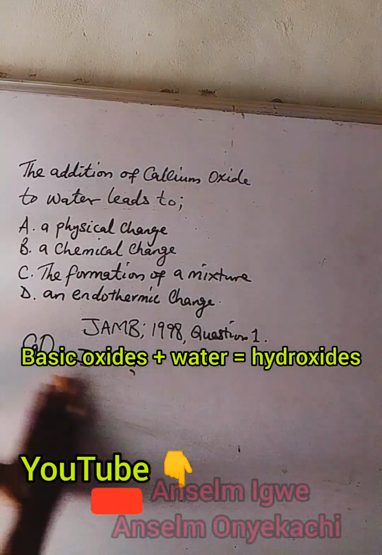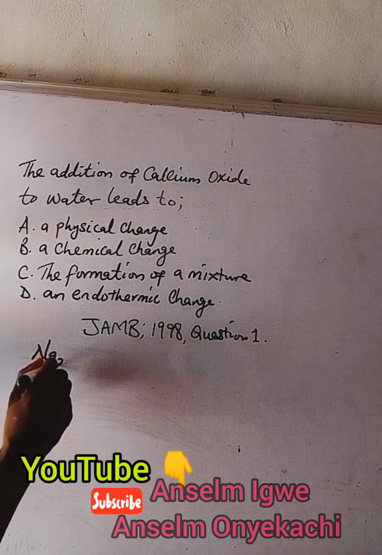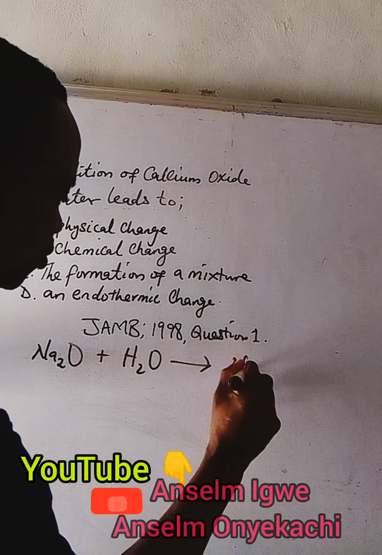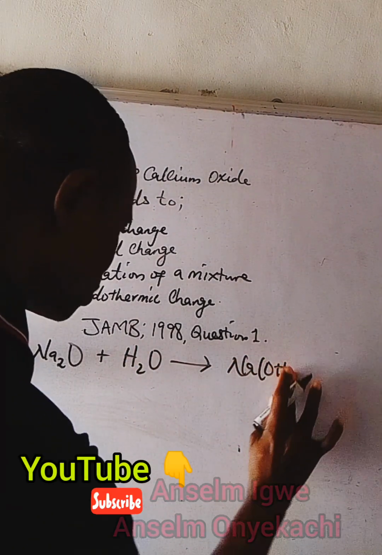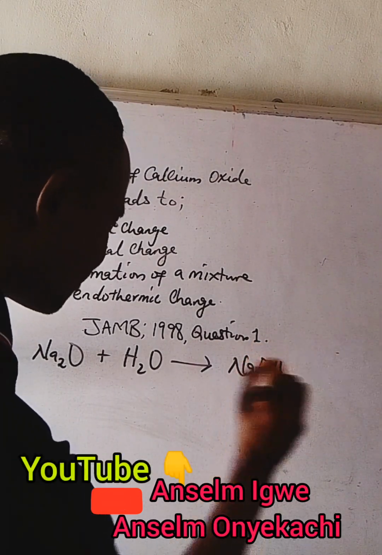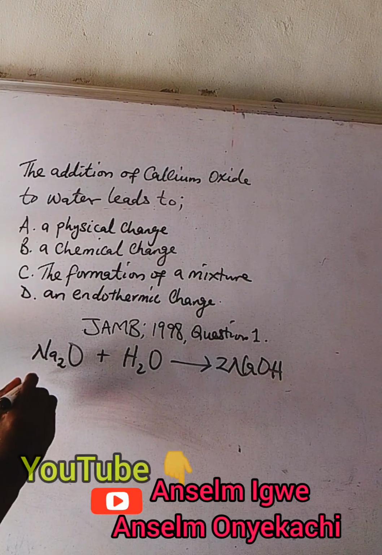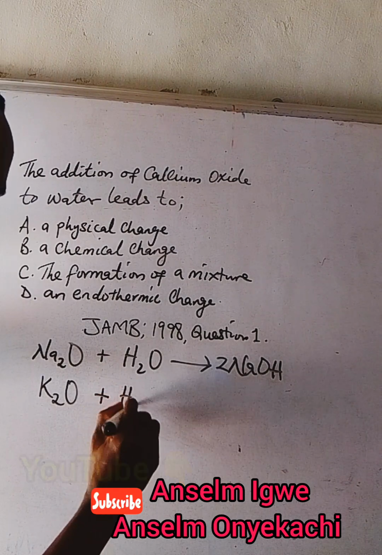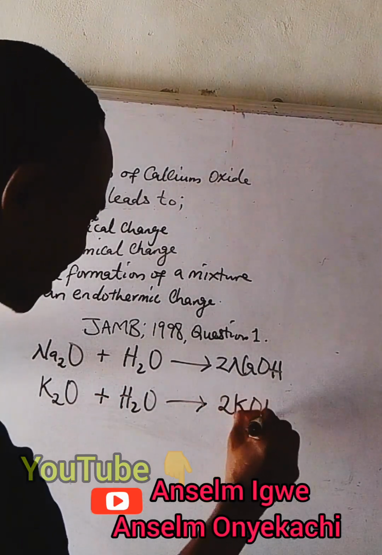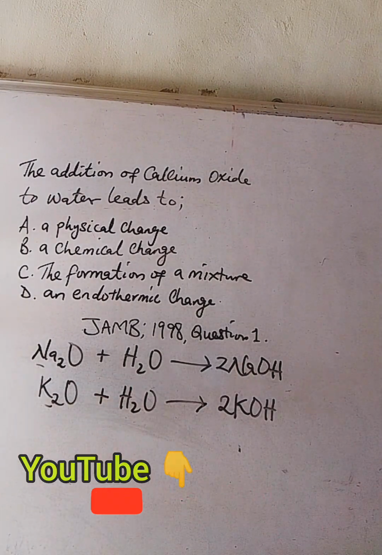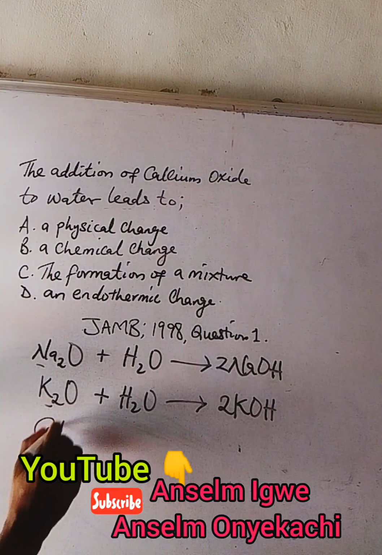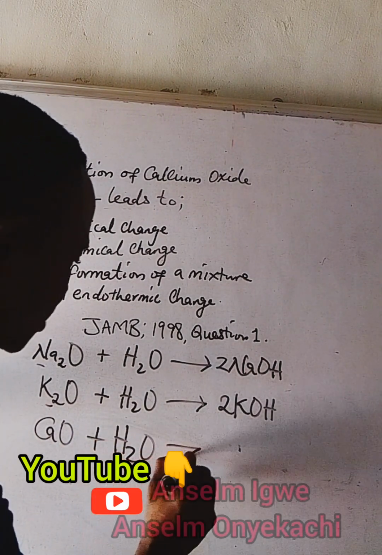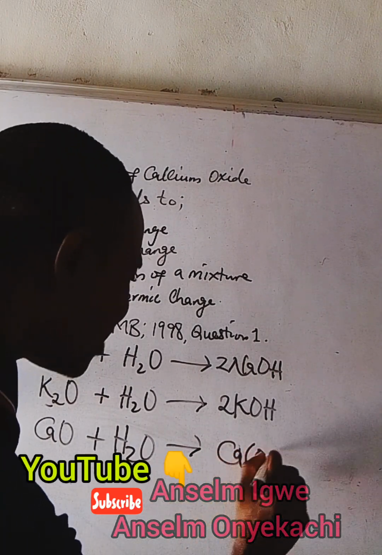For instance, sodium oxide dissolves in water to yield sodium hydroxide. That is how potassium oxide dissolves in water to yield potassium hydroxide, because they are all in group 1A of the periodic table. Calcium oxide, which is also a basic oxide, will also dissolve in water to yield calcium hydroxide.